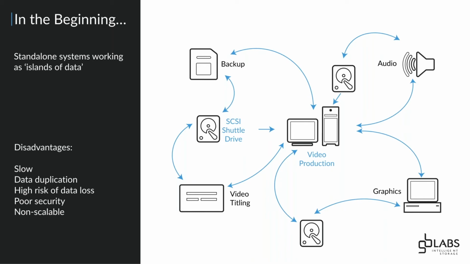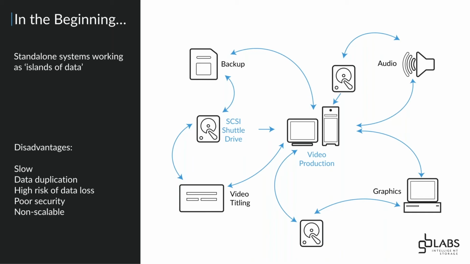So we had the problem of slow copying and offloading of data. We had data duplication, not knowing where data is and which is master, wasting gigabytes of our own expensive storage. Data loss was obviously a problem, and unwanted data being deleted was also a potential issue.